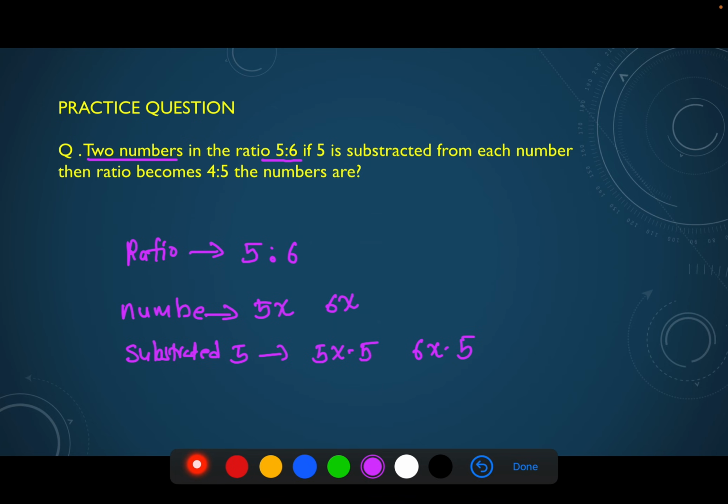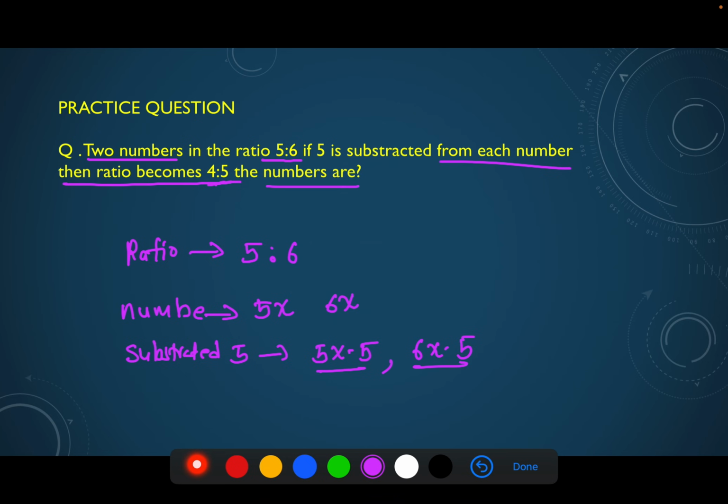So 5x minus 5 and 6x minus 5 come into our assumption and calculation. But what is the ratio now? 4:5. After subtracting, the ratio becomes 4:5.